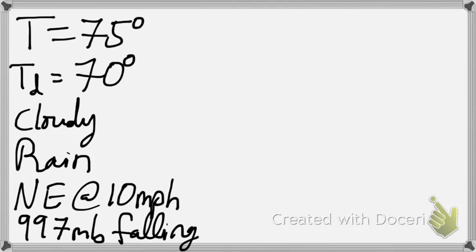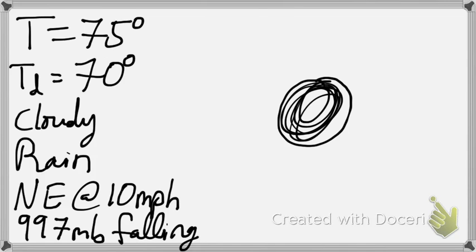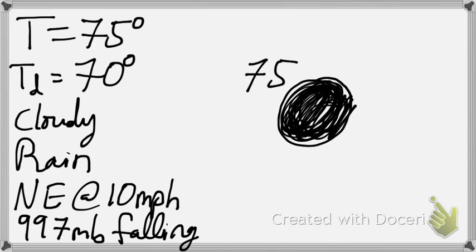First thing you do is draw a circle. It's cloudy, so we want to fill it in just like that. 75 degrees, 70. It's raining, 2 dots.